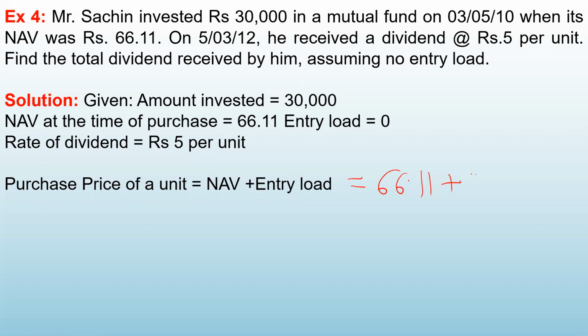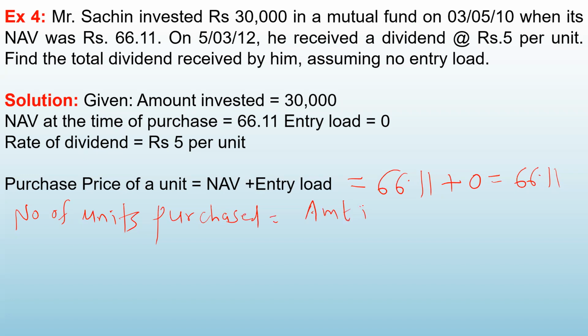Entry load is 0. So in this problem, purchase price is the same as NAV, that is 66.11. So you can find the number of units purchased. Number of units purchased is equal to amount invested divided by purchase price.